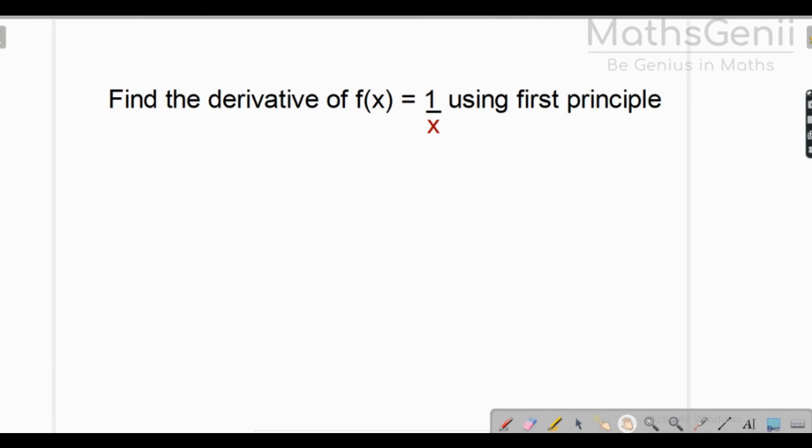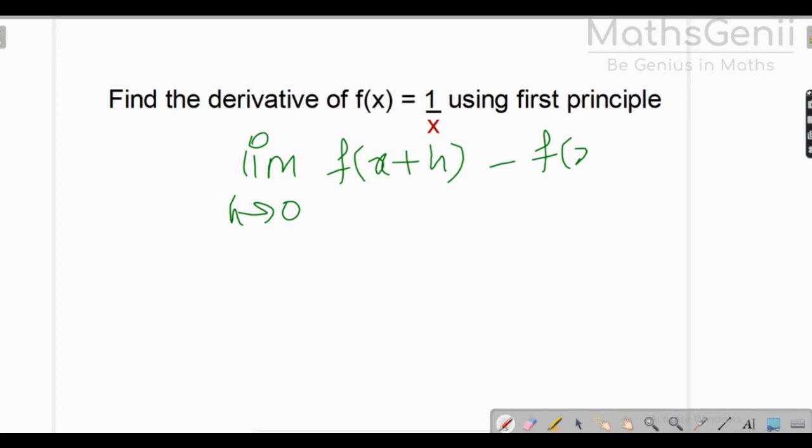Let's move to one more question of first principle, so that first principle is very, very clear to you guys. Again, the formula we will write first. It is limit h tends to 0, f of x plus h minus f of x upon h.